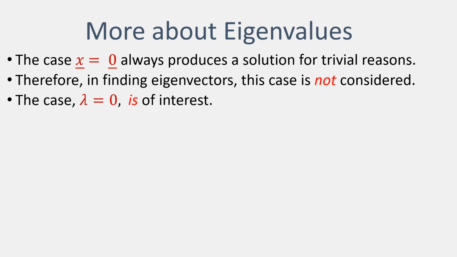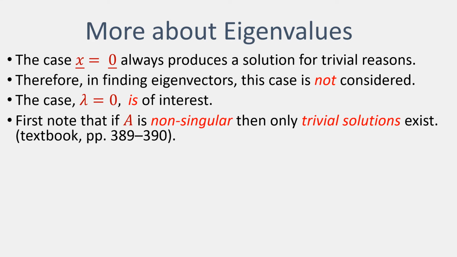The case of a scalar having the value 0, the case of an eigenvalue being 0, this is of interest. This is a non-trivial case. So we first note that if the matrix we are studying is non-singular, then we only have trivial solutions to the eigenvalue problem. The reasons for that, again, are discussed in the textbook.